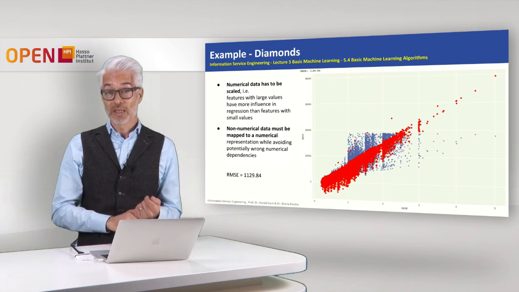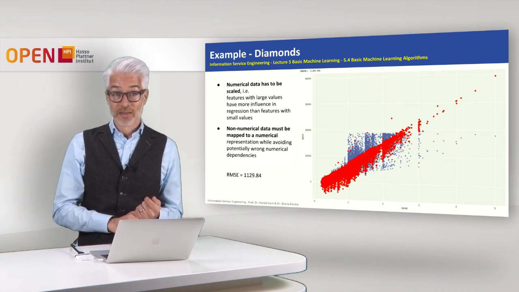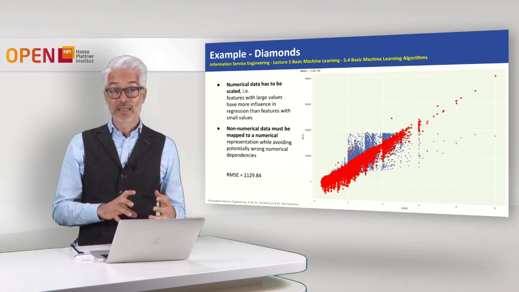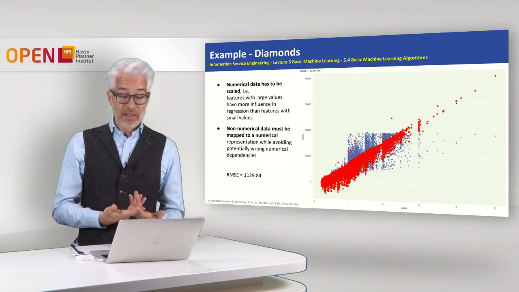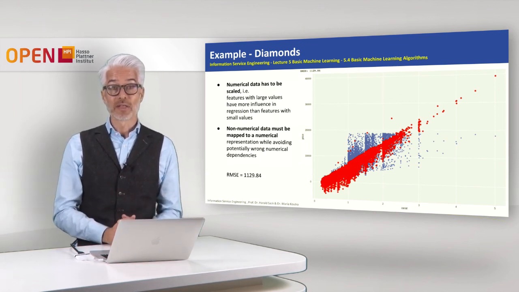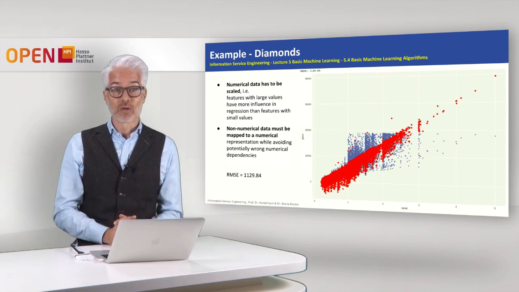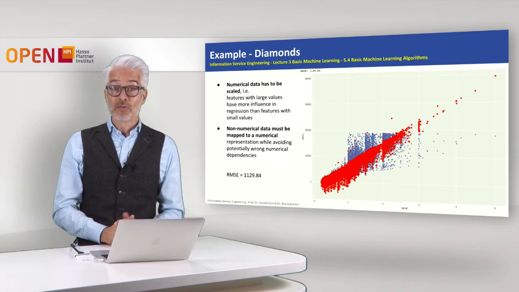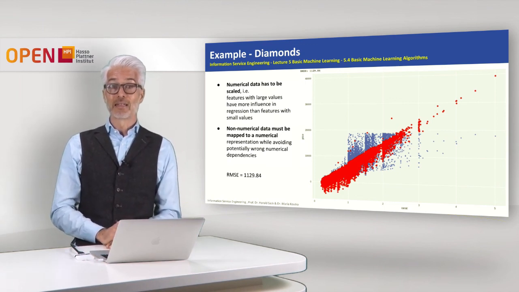So what you should do in the beginning is normalize your features, so that one of the features does not gain too much influence simply because it has the greater number. And of course, you have to encode your non-numerical data in a way that there are no wrong or potentially wrong dependencies.